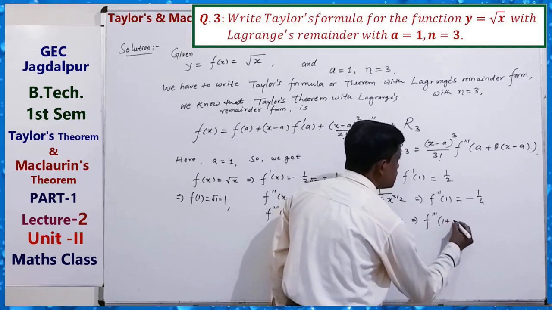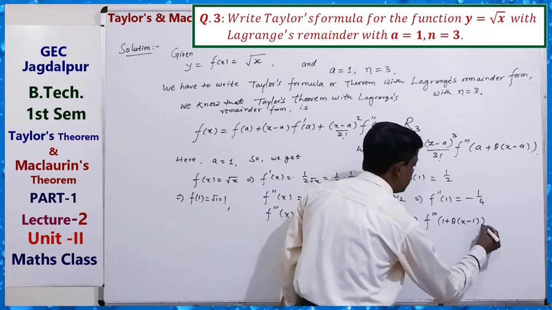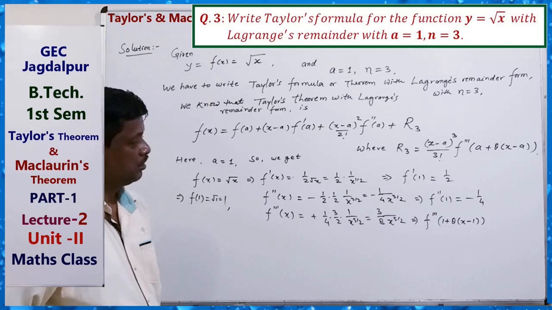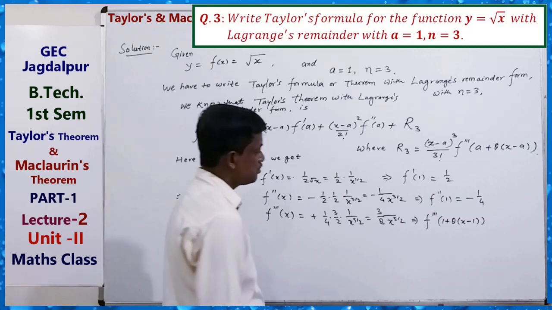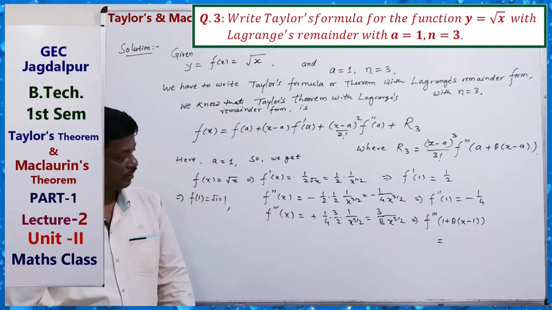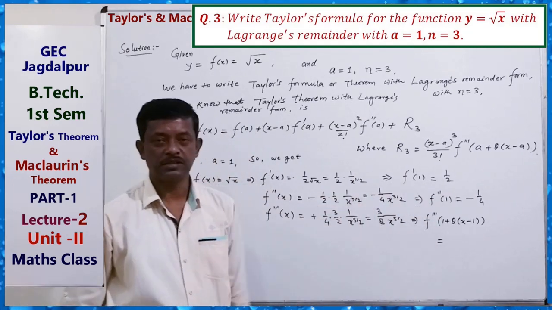1 plus theta x minus 1. This we require. Okay, so this is equal to what? Just see here. x means 1 plus theta x minus 1.